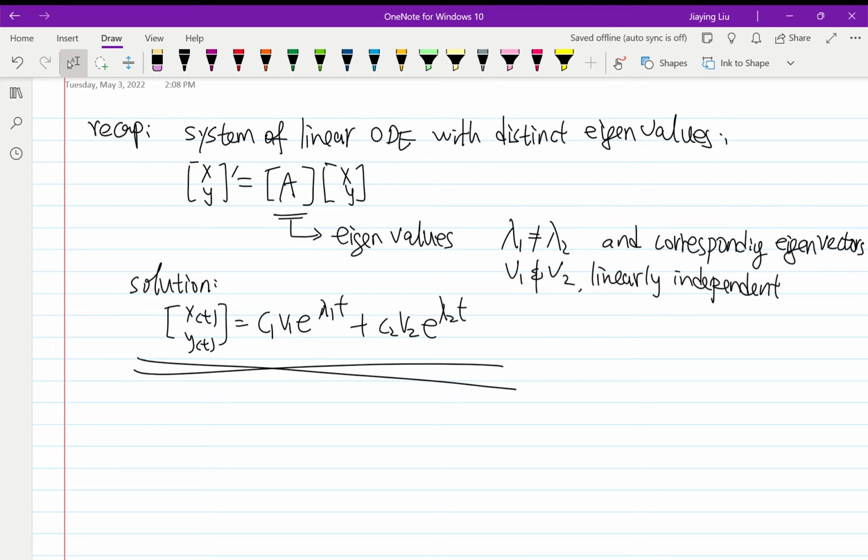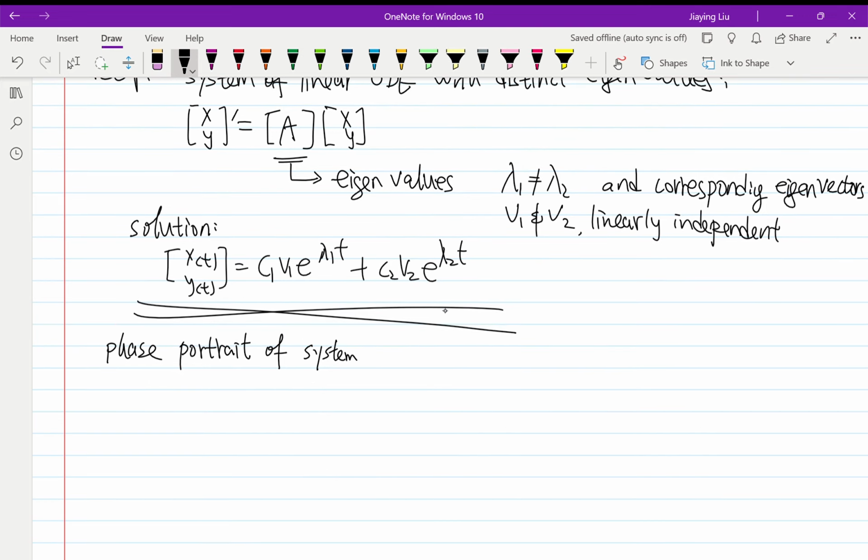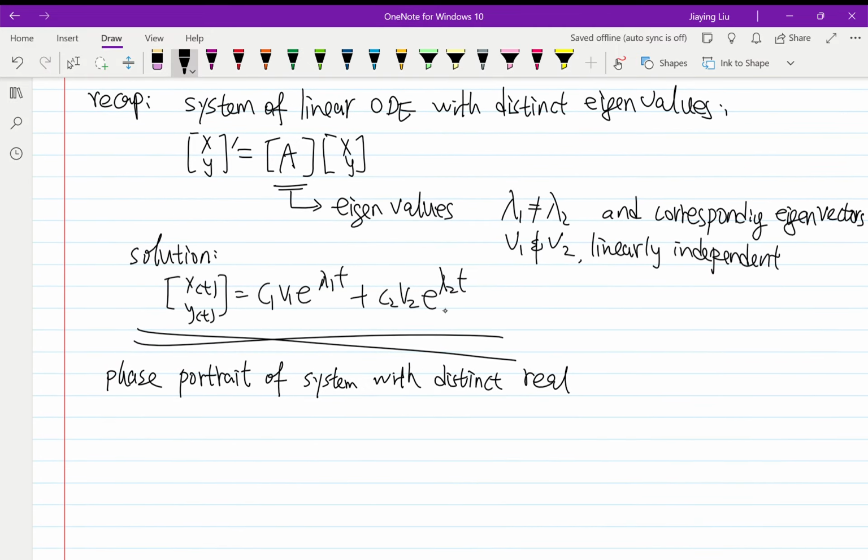But before I do that, I wanted to spend a little time on the phase portrait of a system with distinct real eigenvalues, and I should emphasize the real, because if we have complex eigenvalues, they're also distinct. But now we just talk about real ones.